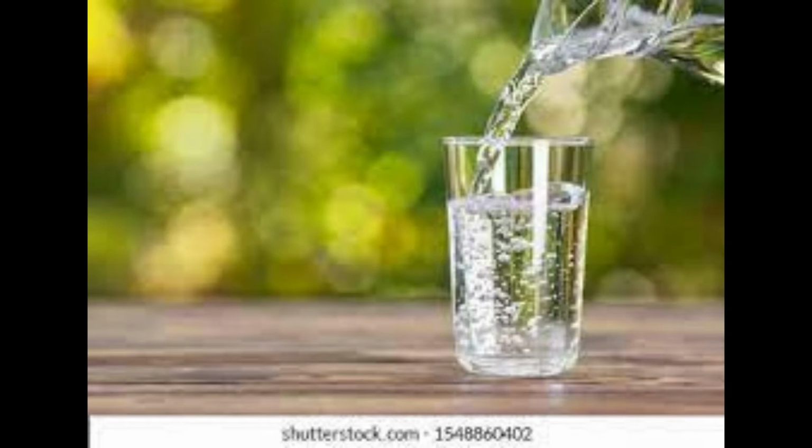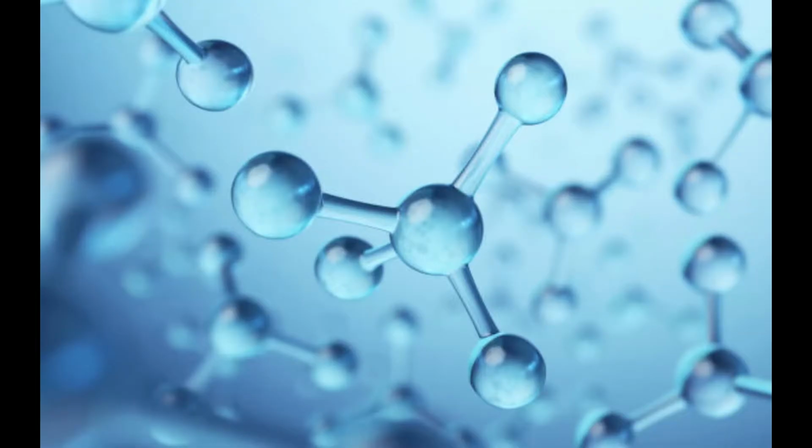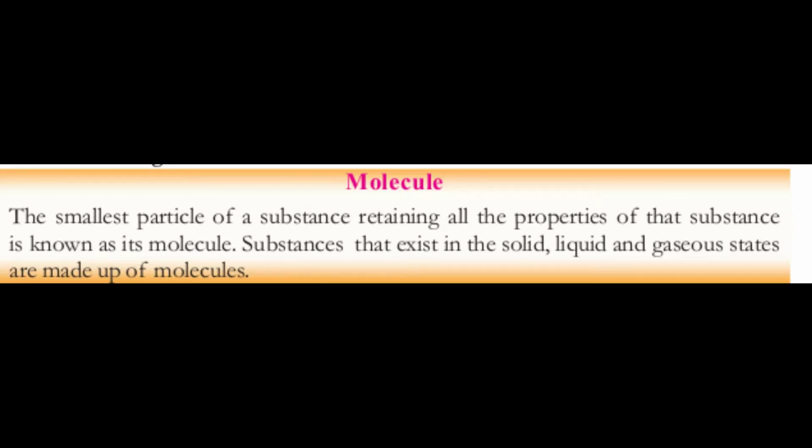Oxygen is a gas, and it contains oxygen molecules. So once again, the smallest particle of a substance retaining all the properties of that substance is known as its molecule.